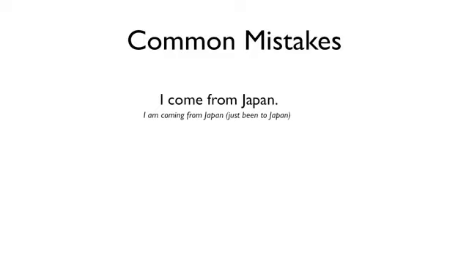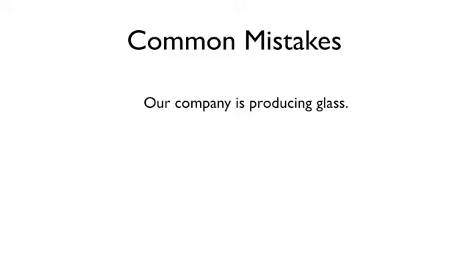Right, let's look at one last example where someone might use the present continuous instead of the present simple by mistake. Look at this sentence. Someone says, our company is producing glass. This means that their company is producing glass just for the moment, temporarily.